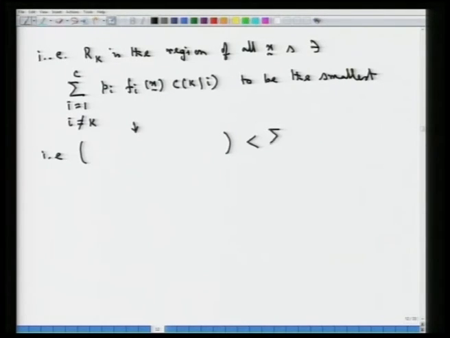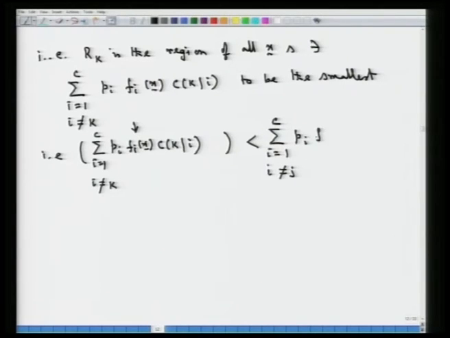So, that is summation i equal to 1 up to c with i not equal to k of the expression pi_i f_i(x) c(k given i), and this is the left hand side only. If that is less than the summation over i equal to 1 up to c, i not equal to j, so you take out some other term in this sum here, and that would be pi_i f_i(x) c(k|i).